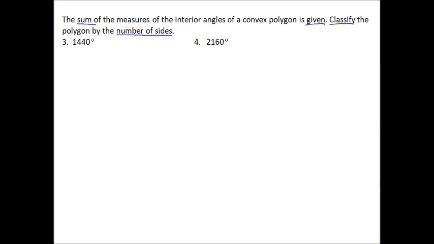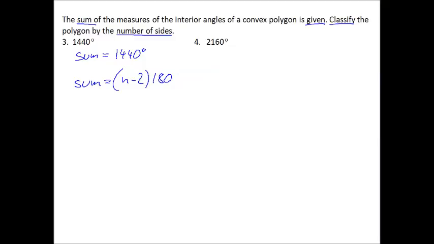So we need to find the number of sides and use the sum which is given. The sum of the interior angle measures is 1440 degrees in example number 1, and our formula is the sum is equal to n minus 2 times 180.